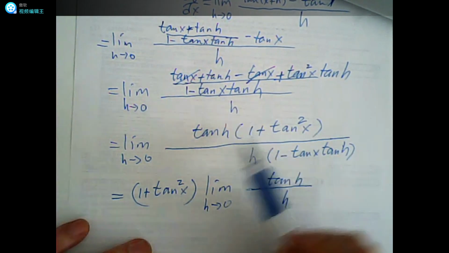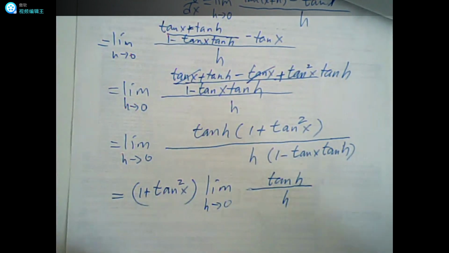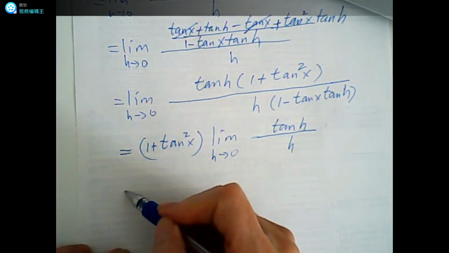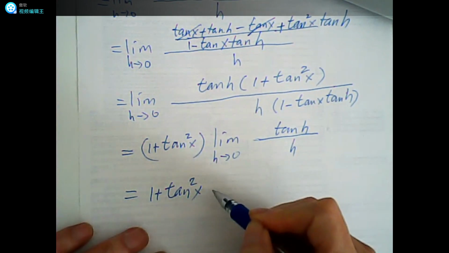Because this has nothing to do with h. This one goes to 0, this is 1 times h. So this is the limit.